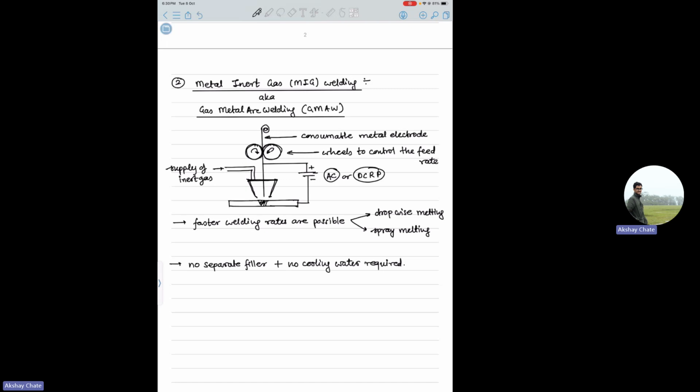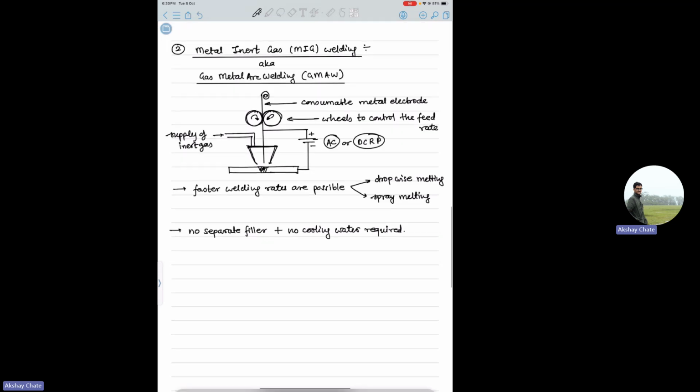You cannot go as high as TIG temperature-wise, but these are also used for welding of aluminium, magnesium, copper, these kinds of low melting alloys, or pure materials also. So as long as you don't have high carbon steel or something like that, you can use TIG or MIG. Doesn't matter. Here it can be called jet also sometimes.